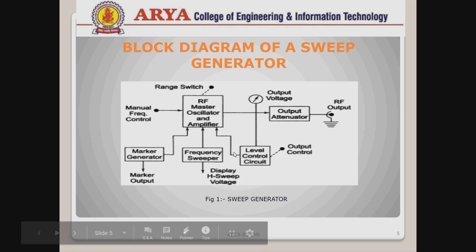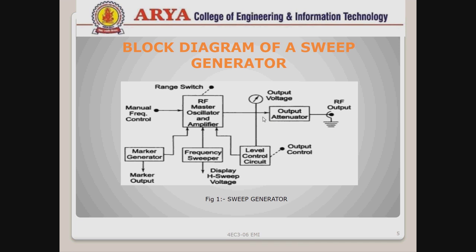The RF master oscillator and amplifier provide the output, which is fed to the output attenuator, and the output attenuator provides the RF output. So this is all about the block diagram of a sweep frequency generator.